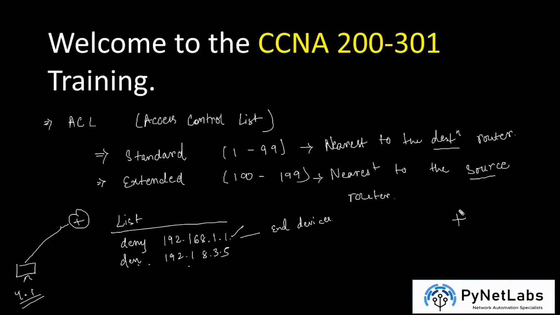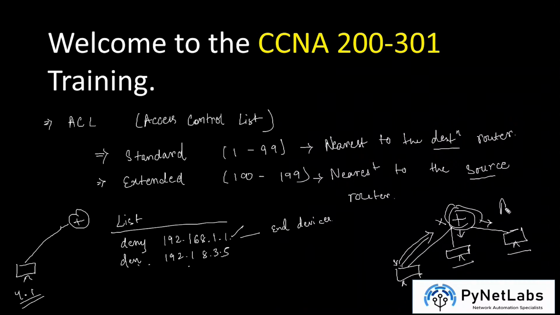Let's assume there is a router connected to three end devices, but you don't want one PC to communicate with the other two PCs. So you tell the router that if it receives anything from this PC, it has to drop it and not share it with the others. In such cases, we use ACL.